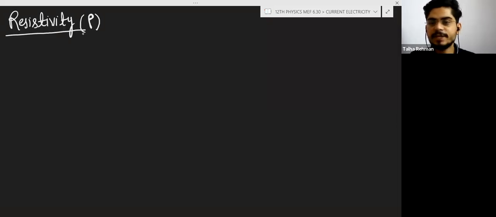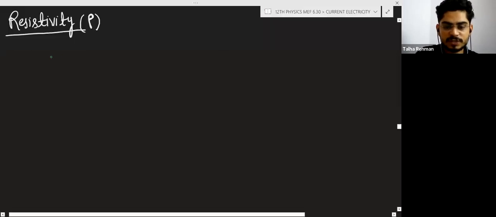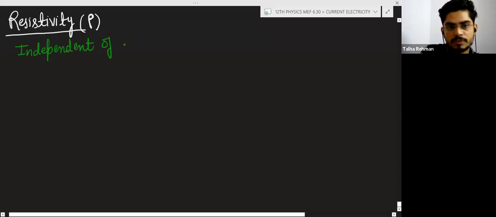Resistivity is the property of material again. So resistivity is independent of length and area.